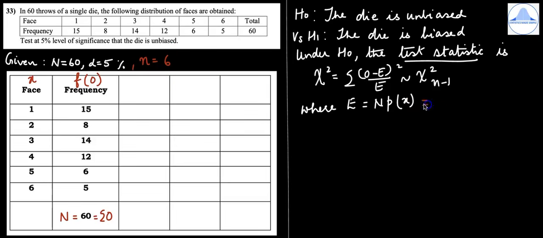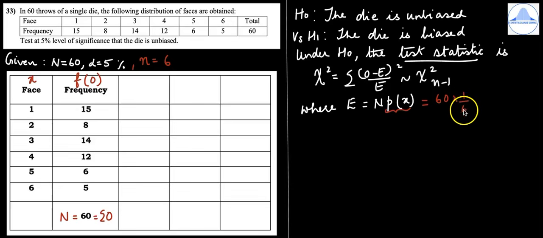Now let us calculate E here. So capital N is 60 and P of X. So X is what? It is the face or the number occurring on the die. So probability of any number occurring on a die is 1 by 6.